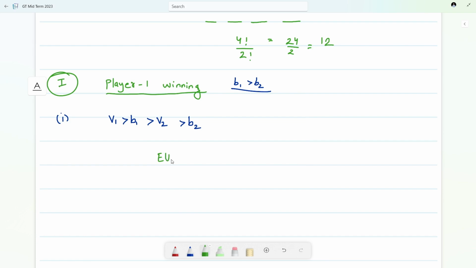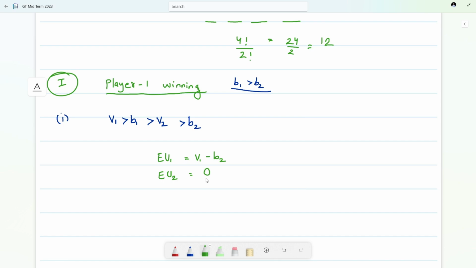Now if you observe carefully, the expected utility for player 1 is V1 minus B2, and the expected utility for player 2 will be 0, right? Because he is winning nothing. Is there any profitable deviation for player 2?